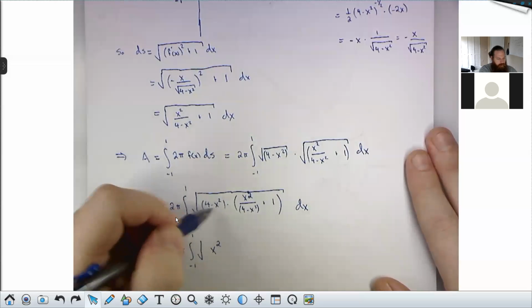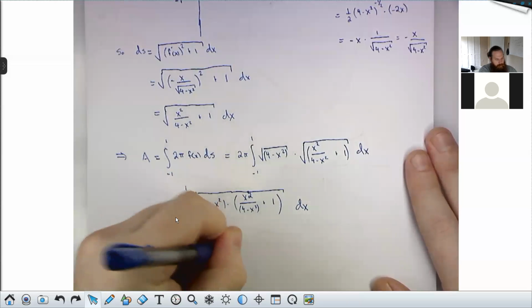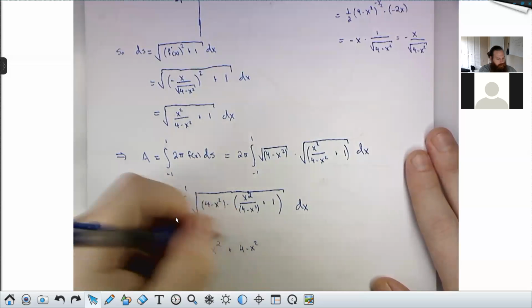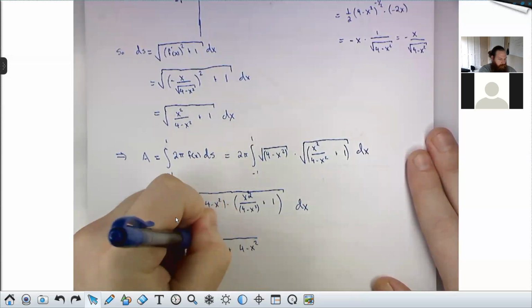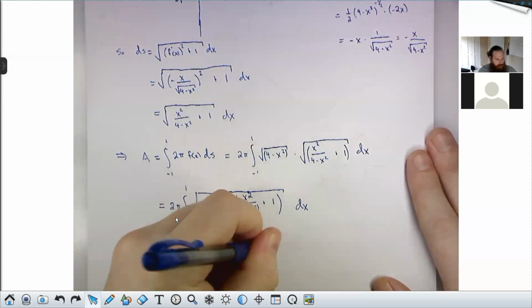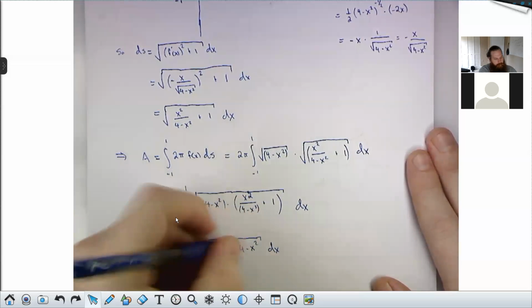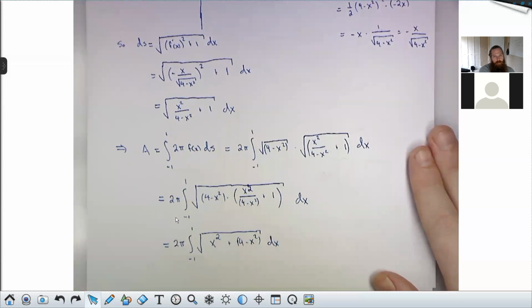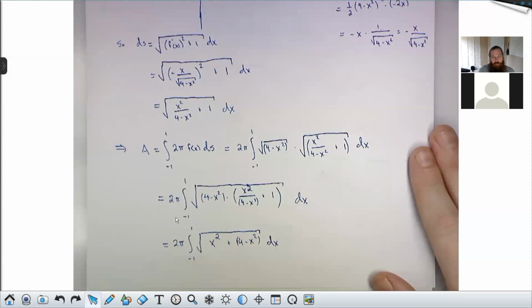And then 4 minus x squared times 1 is just going to be this. You can think of these as being in parentheses if you want, but they're being added, so it doesn't really matter. And the miracle here, of course, is that the x squareds go away.